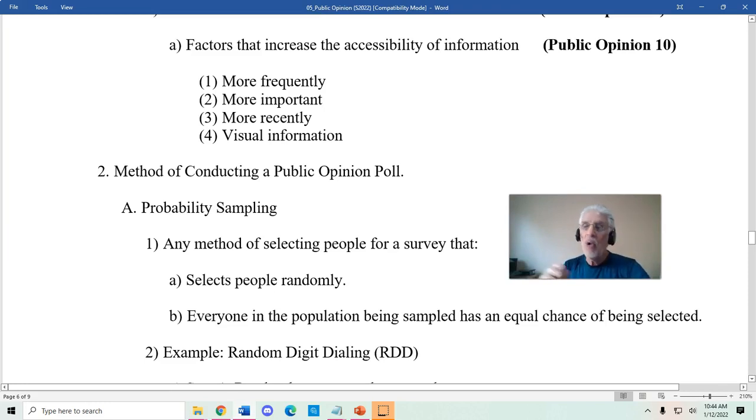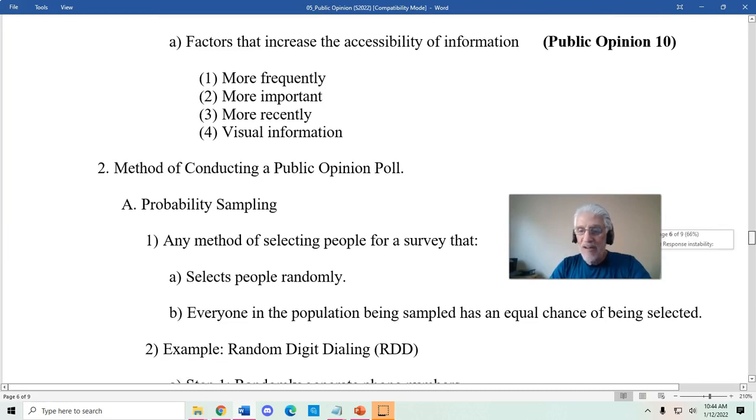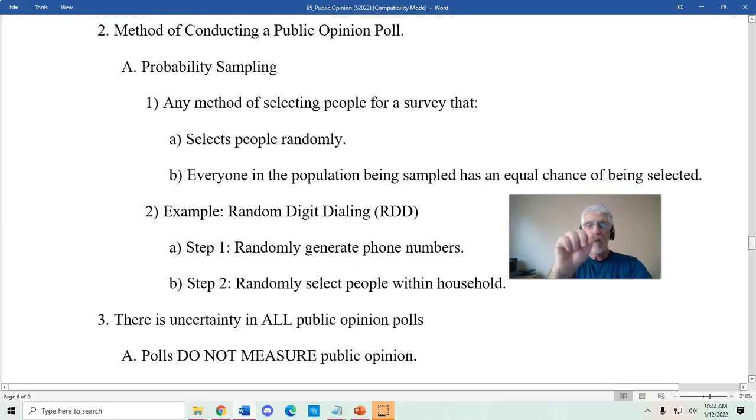In public opinion polls, what they use when they're doing phone calls is they do what's called random digit dialing. What I mean by random digit dialing is they'll have somebody sitting at a computer. They know the areas that they want to call, so they already have the prefixes in there. But then what they do is they randomly generate the last 4 digits of your phone number.